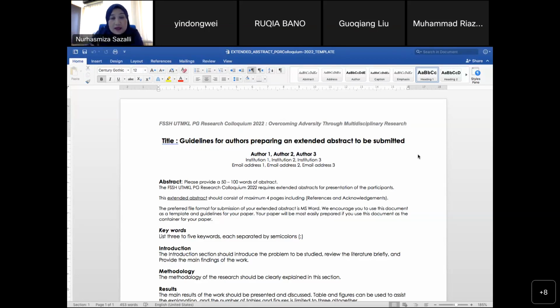problem statement, and then due to the problem you would like to do this research, you have this objective, or you can put your research questions, either or. I think objective is better because it's just 100 words. And then methodology, just one line. What is the method that you're going to use for this research? And then the findings. For those who have not done your data collection, expected findings.